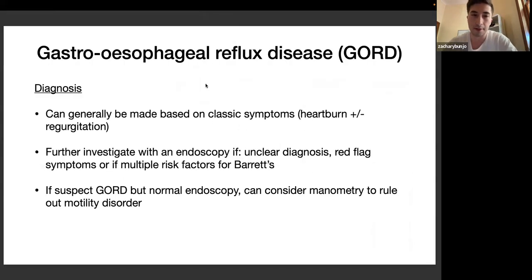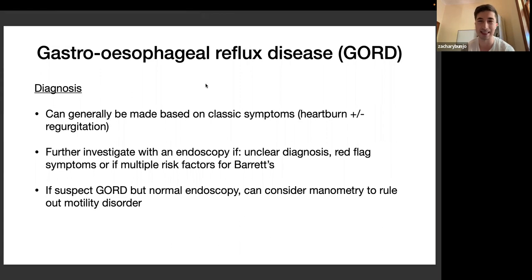In terms of the diagnosis, you can generally base it on the classic symptoms of heartburn and regurgitation, and some will also use a positive response to PPI therapy as an indicator for reflux. And you can further investigate with an endoscopy.